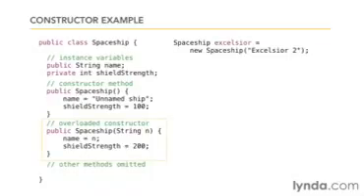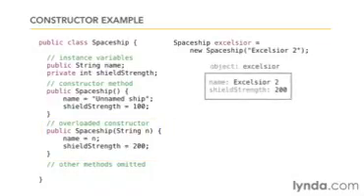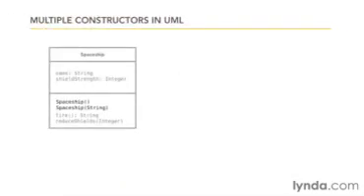And in this case, it's going to call the overloaded constructor, which is immediately going to set the values of those instance variables to different values. So overloaded constructors allows me to have flexibility and pass in information when actually creating the object. And that in UML would typically be represented something like this. You would see two methods with the same name as the class, one with no parameters and one with parameters.